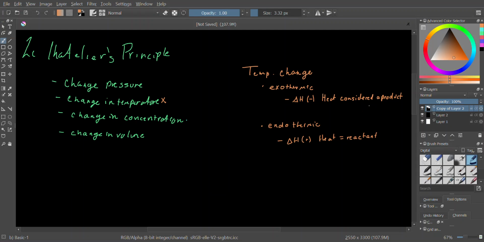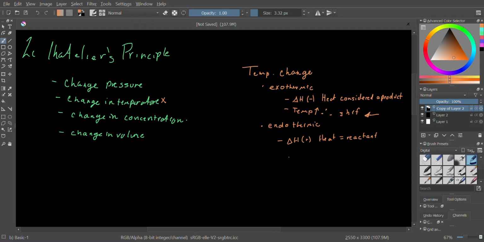Right. So because heat is considered a product, if we were to, say, increase the temperature, then we're increasing our products, right? So therefore, we would have a shift to the left towards our reactants.